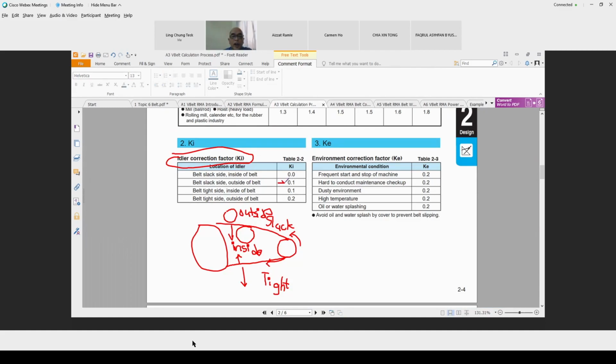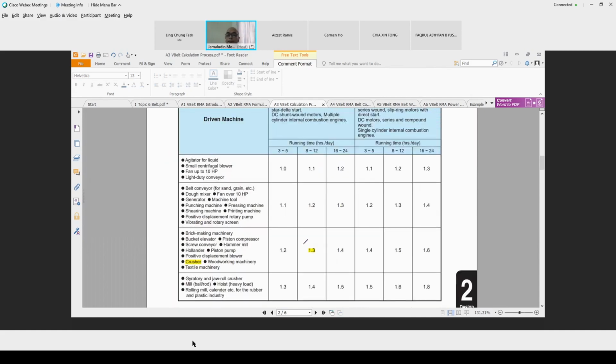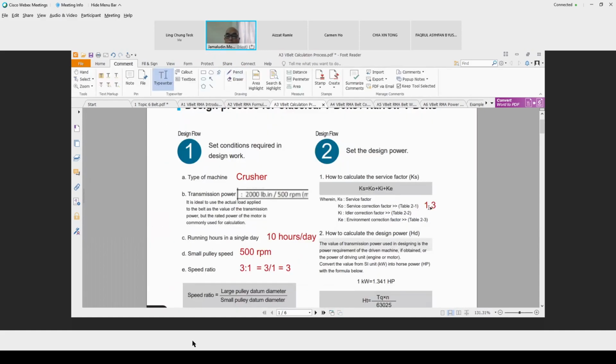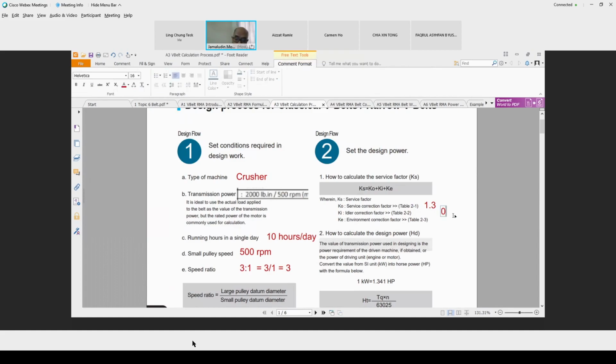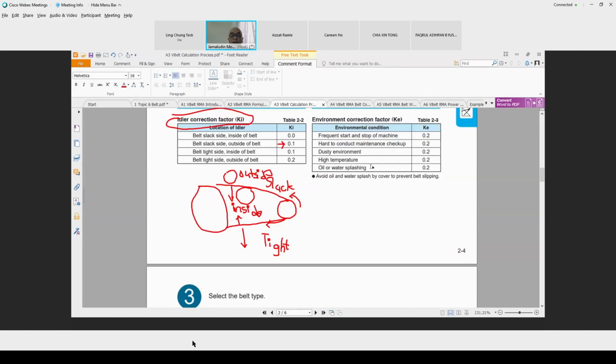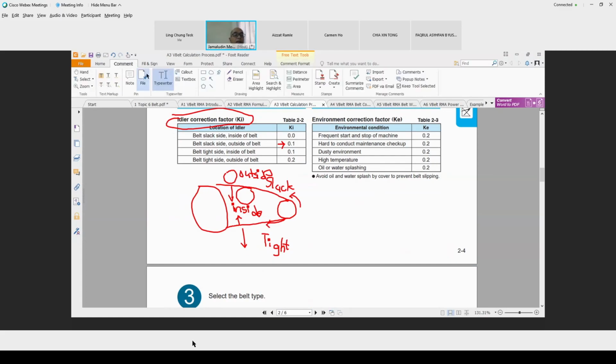Ki is going to be 0.1. Okay, that will be 0.1. All right. Finally, the environment. Okay, every single thing to add. For example, in our case, it is going to be a dusty environment and water splashing because it is exposed to rain.